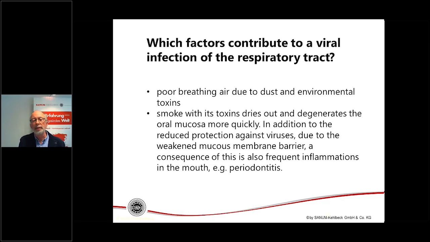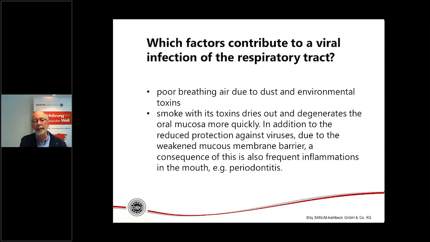In addition to the reduced protection against viruses due to the weakened mucous membrane barrier, a consequence of this is also frequent inflammation in the mouth, for example periodontitis.